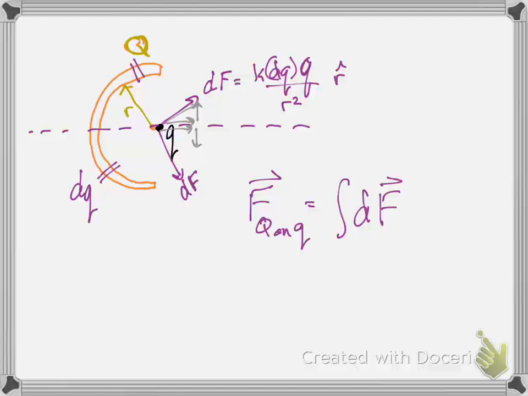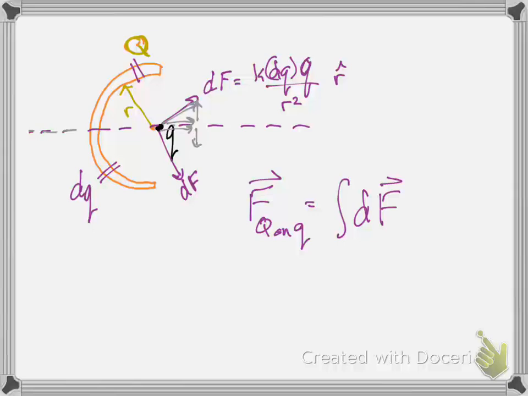For every force from above the horizontal line, there's an x component that points to the right and a y component. Then there's an equivalent force from the dq below that has a horizontal component along the plus x direction and a vertical component opposite the one above it. So the y components all cancel, and the x components all add.